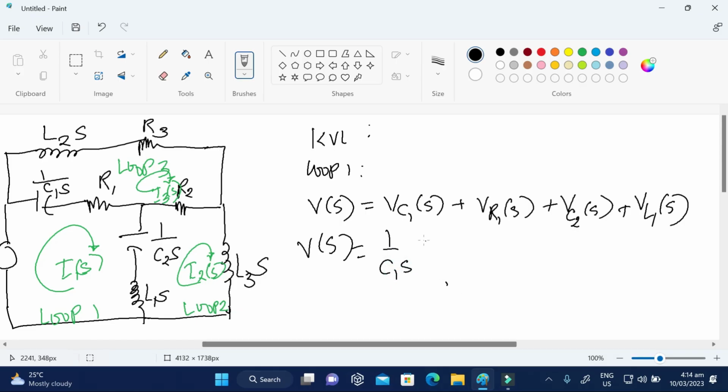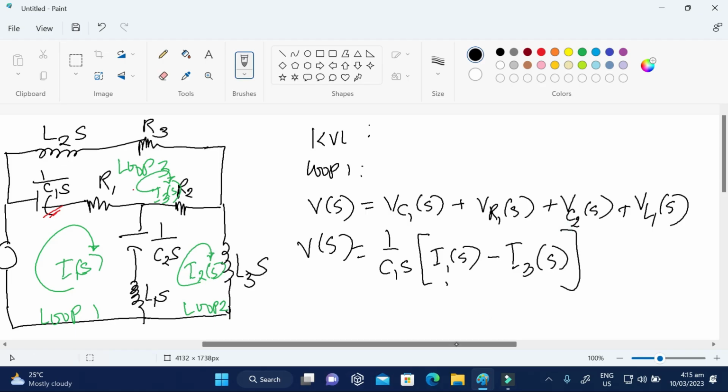So 1 over C1S is the impedance. For the voltage of C1, there are two currents flowing, namely I1 and I3. Since we are in loop 1, we make I1 the positive current, so minus I3S.